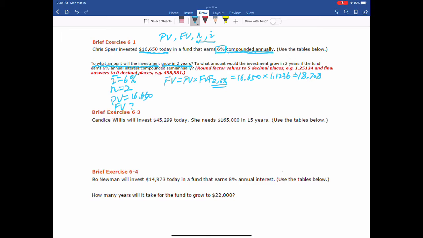Okay, so next, to what amount would the investment grow in 2 years if the fund earned 6% annual interest rate compounded semi-annually? So now this question changed. Although it asks us the future value, it's different. Why? Because interest is compounded semi-annually rather than annually.